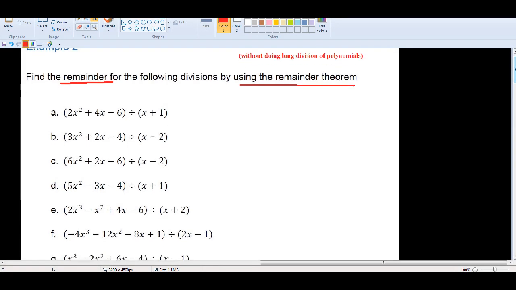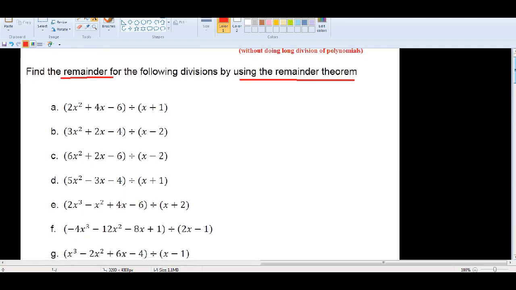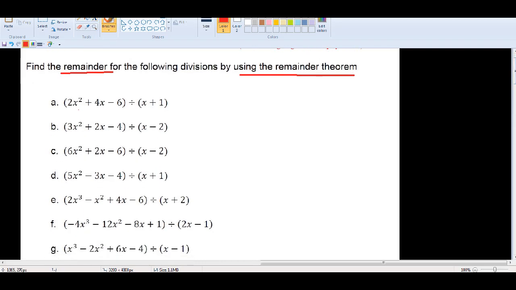So let's first identify which is which. When they give you a polynomial divided by another polynomial, the first one will be our dividend. Let's say it's p(x). The second one will be our divisor. So what number are you going to put into the x of that polynomial? It depends on what number could make that divisor 0.